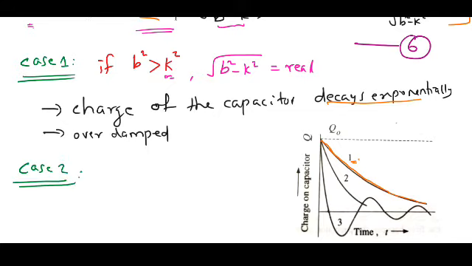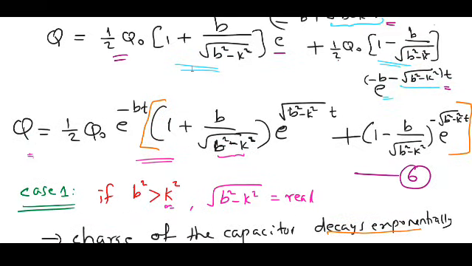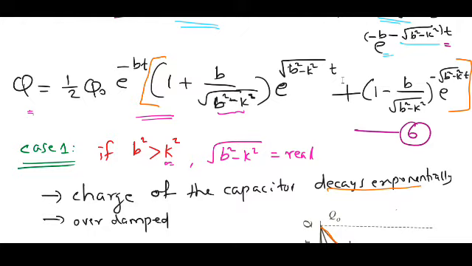Case 2 is as usual, b square is equal to k square. If b square is equal to k square, then if you check back this equation, this term in the exponential part is equal to 0, and this term also 0.